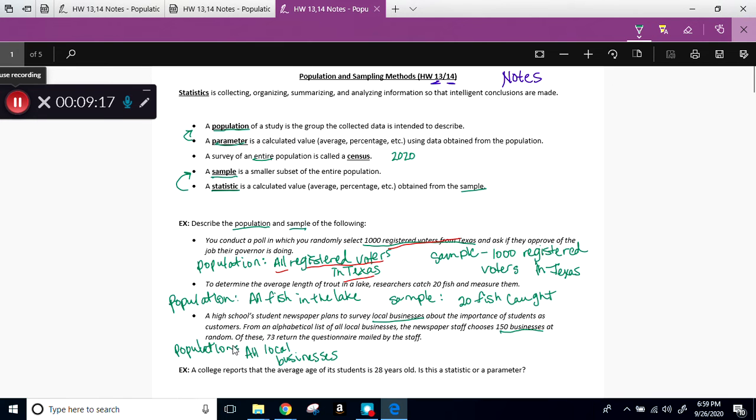That's the population. And the sample, we can't say this is 150. If they would all turn them back in, that would be their sample. But they can only use the ones that are returned as part of the sample. So the sample is really the 73.